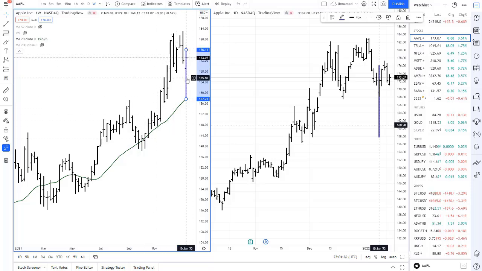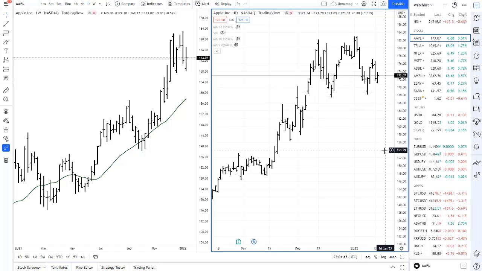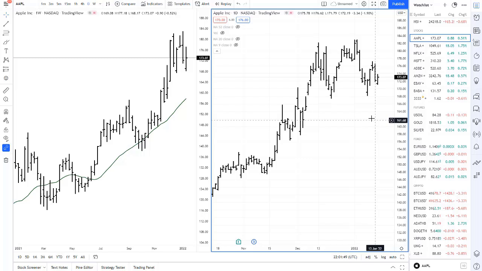Now we're pausing, maybe going sideways, waiting for the moving average to catch up, or maybe we're getting ready to have a pullback down towards maybe the 160 level on Apple, which would be around about that moving average. Then the market is starting to reset, so to speak, and then it's probably going to make another higher low, and then away we go again.